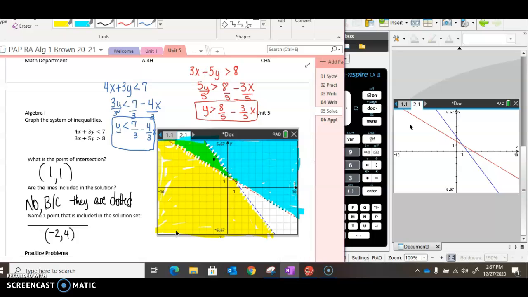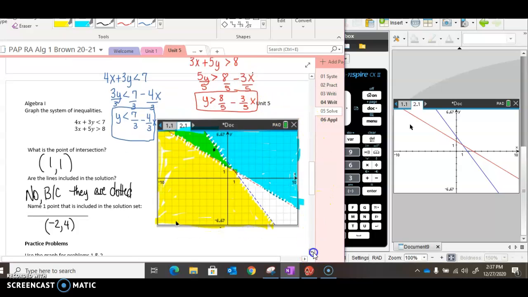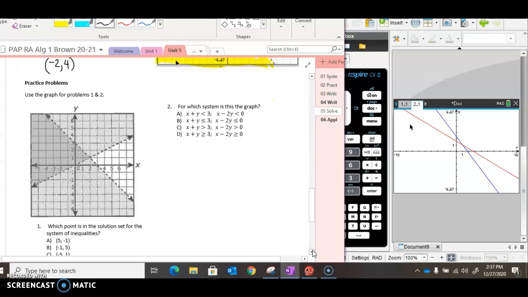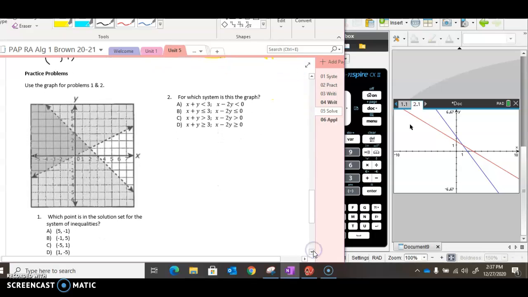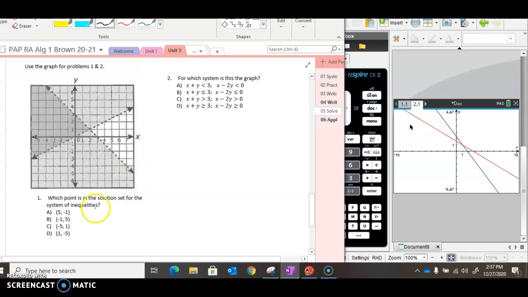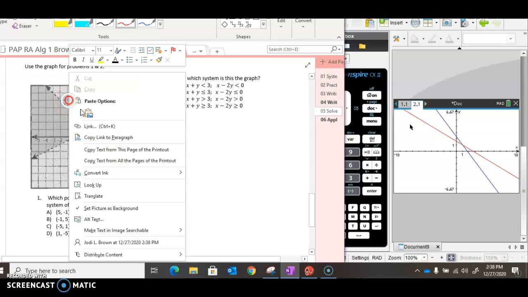You just have a couple of practice problems here. Let's look at those real quick. Number 1, what point is in the solution set for the system of inequalities? Let's look at it. So we go to 5, negative 1. Is that in the solution set? No. Is negative 1, 5 in the solution set?